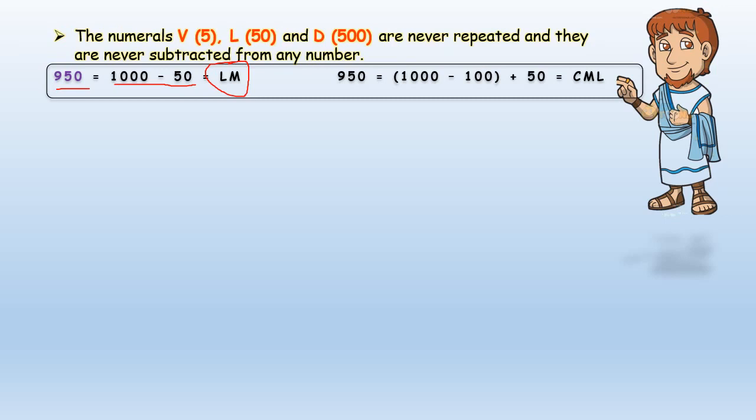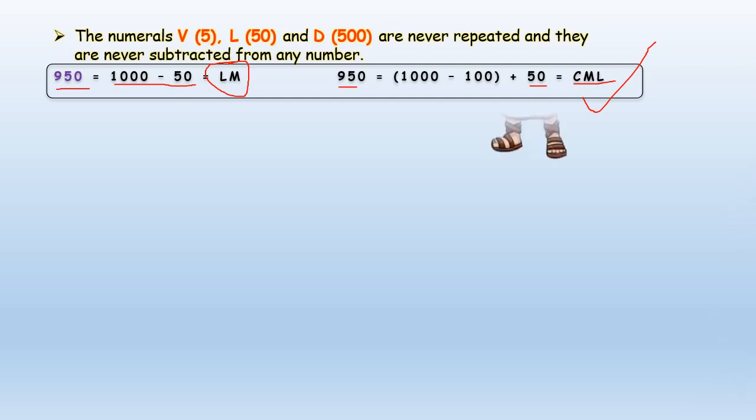So for writing 950, we have to take CM, that is 1000 minus 100, which is equal to 900, plus 50, that is L. So CML is the right way of writing 950 in Roman numerals.